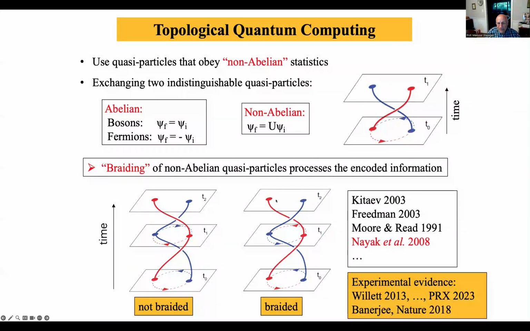And of course, you have many more particles and lots of braidings that you could do. So what you get at the final state, you have the information encoded from that braiding without details of exactly how the paths go. The details of the path don't matter.